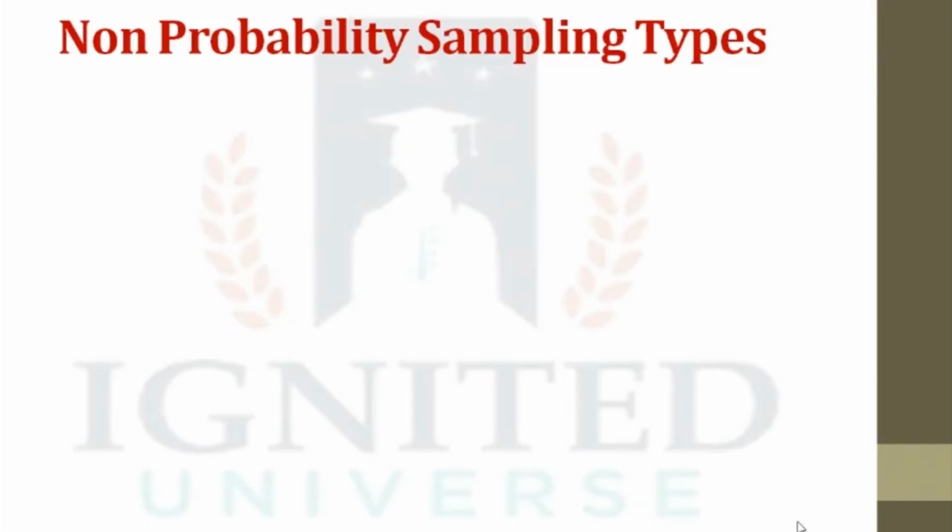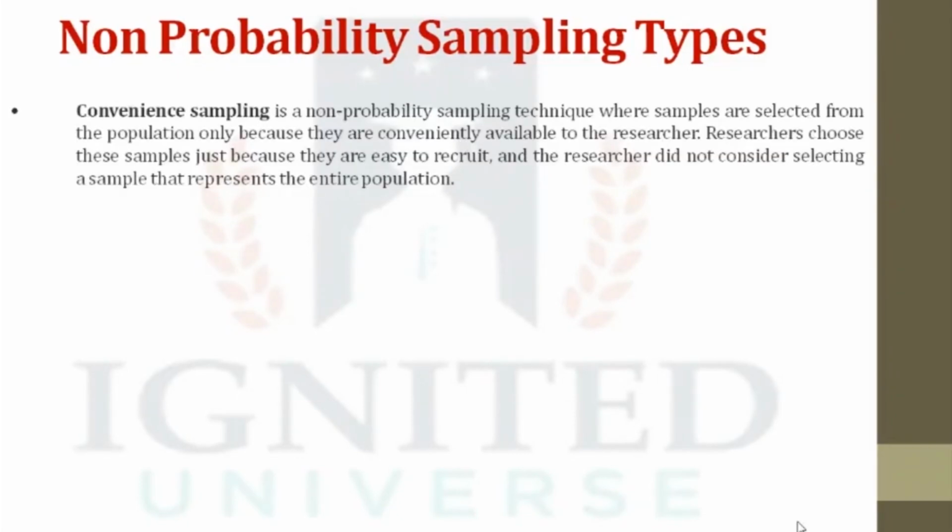The very first is convenience sampling. In convenience sampling, elements for the samples are selected for the convenience of the researcher. So, it's a non-probability sampling technique where researchers select samples just because they are easy to recruit.